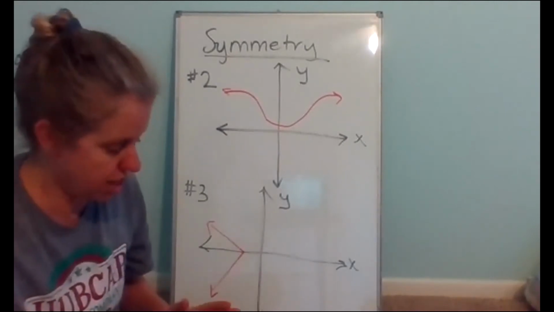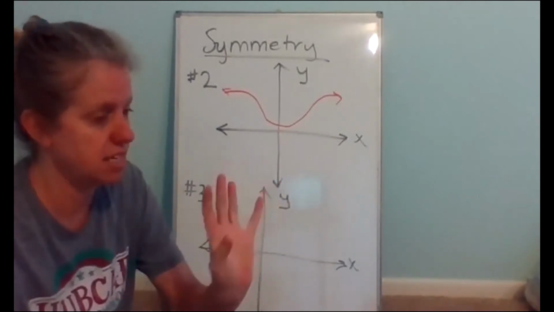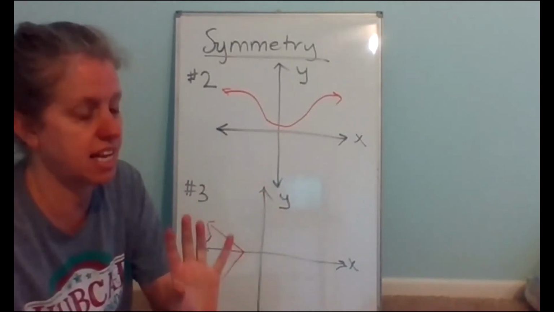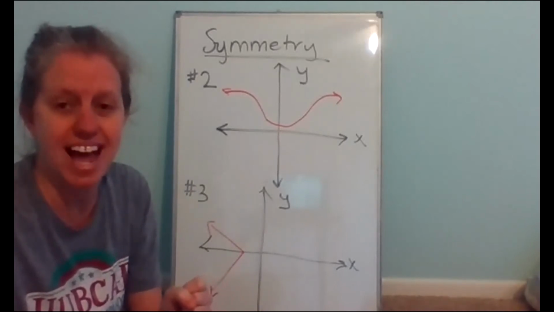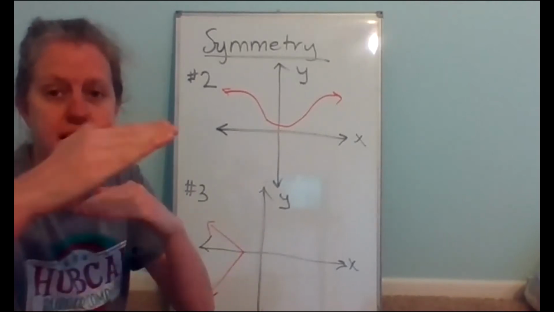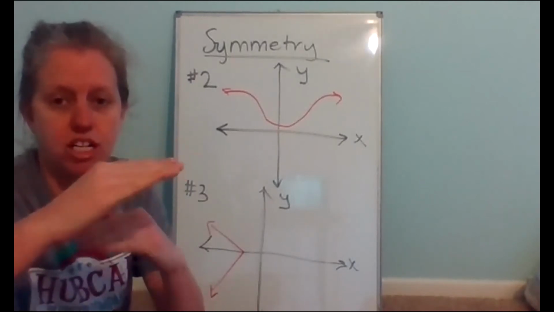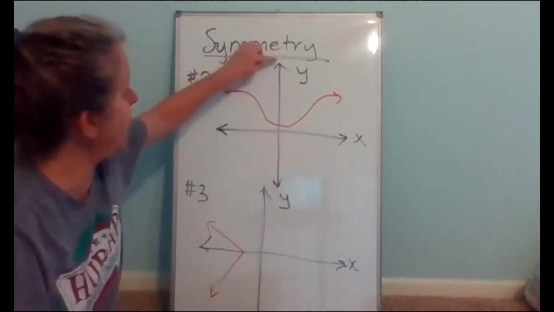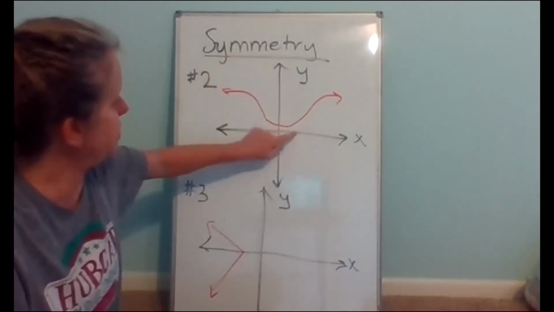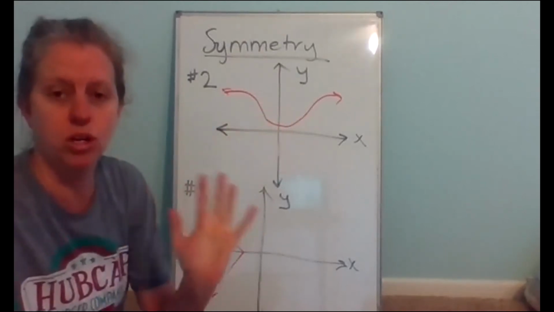So what we're going to look at is being symmetrical with the x-axis, symmetrical with the y-axis, and symmetrical with the origin. If you're symmetrical with the x-axis, that means either side of the x-axis mirror each other. If you're symmetrical with the y-axis, that means either side of the y-axis mirror each other.